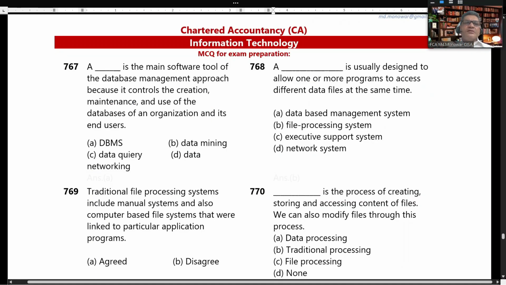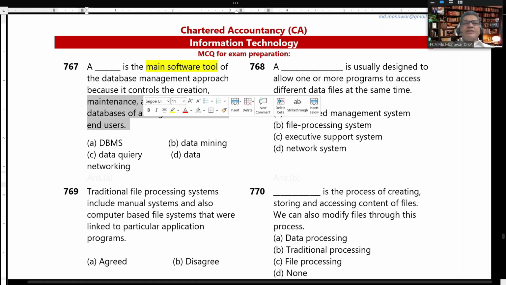3. A dash is the main software tools of the database management approach because it control the creation, maintenance, and use of the database of an organization and its end user.